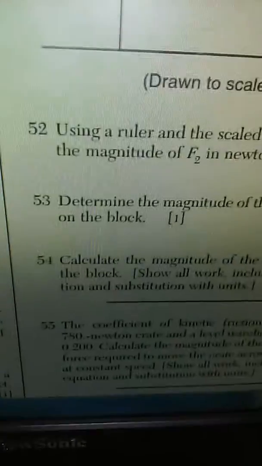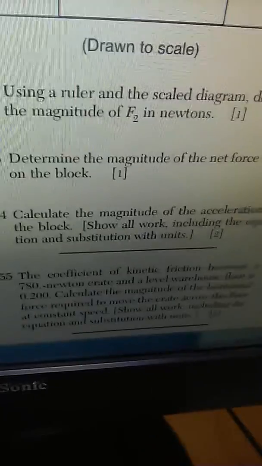So we have a force of 8.8, and another of 12.0 going in the opposite direction, so they would cancel each other out. So you subtract them to get the answer. So this is 3.2 newtons. That's the answer for 53.